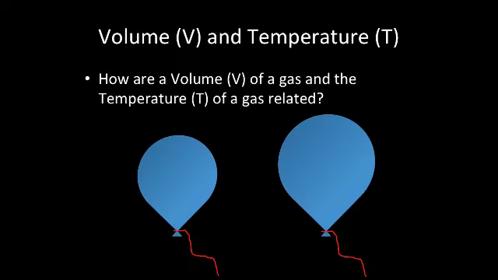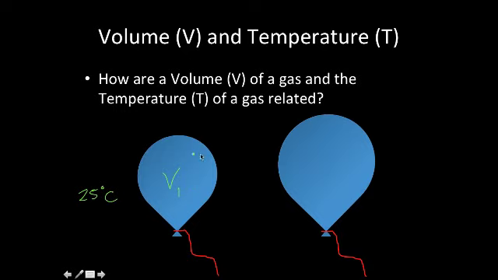So now we can also talk about volume and temperature and how they're related. How is the volume of a gas and the temperature of a gas related? How does one affect the other? Well, let's take, for example, these two balloons. If I was to have one balloon at 25 degrees Celsius, and at a particular volume, volume 1, we can call it.